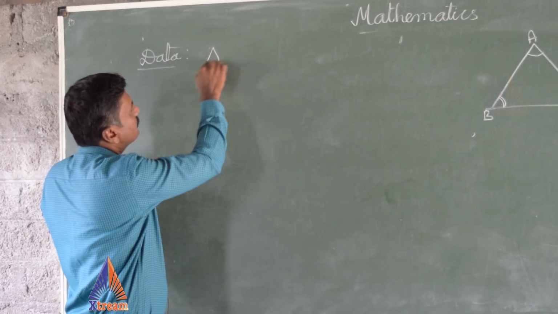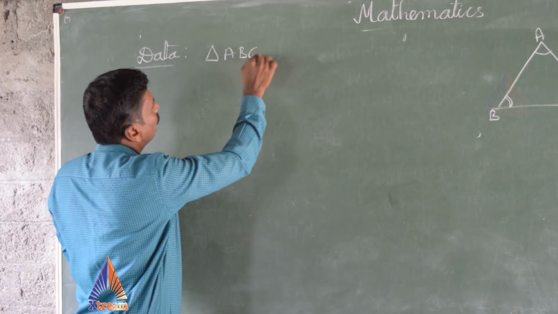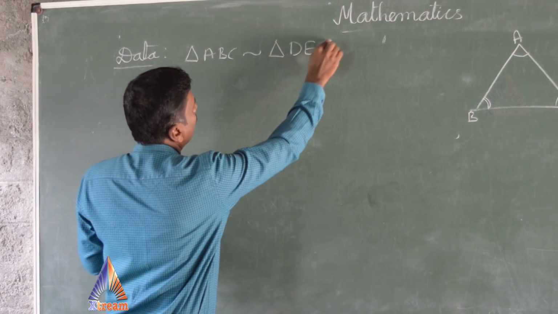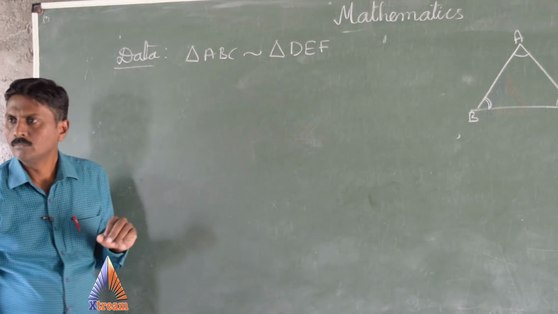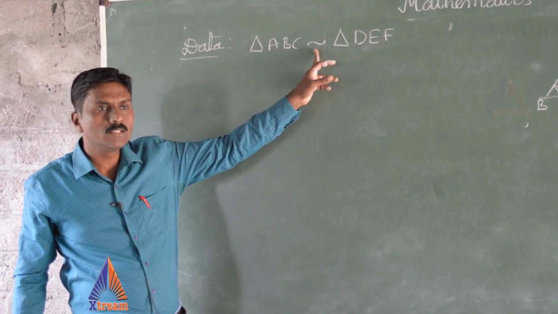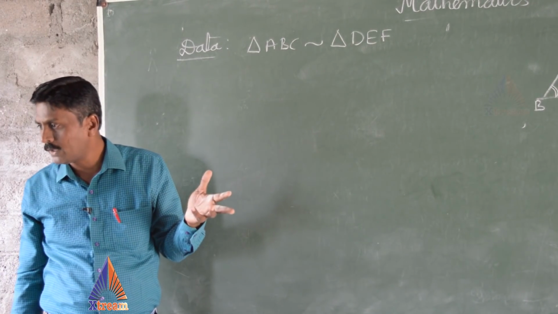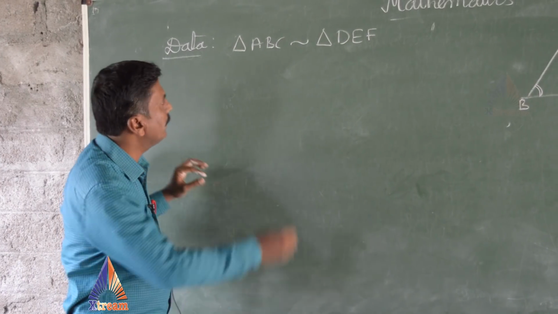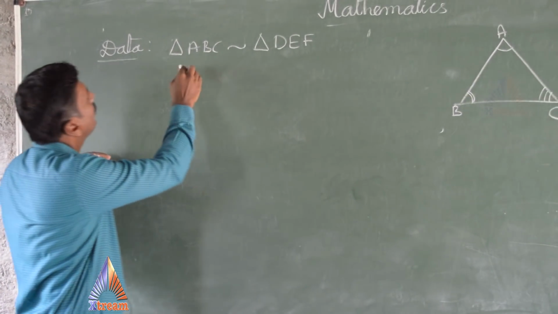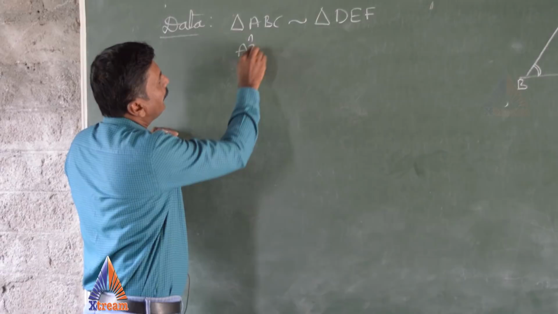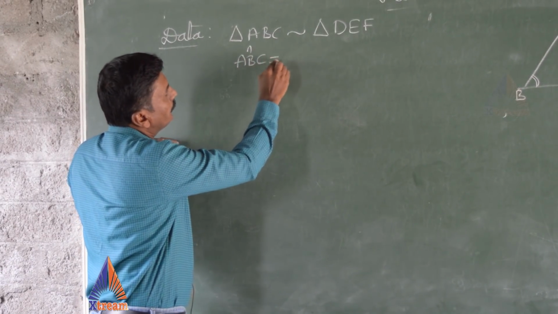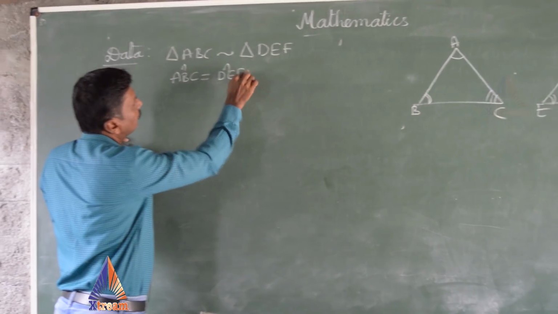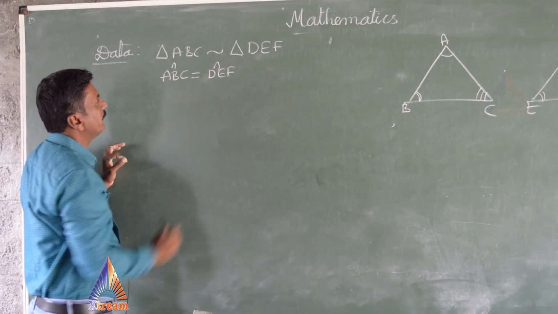Write like this: triangle ABC is similar to triangle DEF. What does this symbol denote? Similarity of triangles. Triangle ABC is similar to triangle DEF. Now let us write the corresponding angles here. Angle ABC and angle DEF, a pair of corresponding angles.